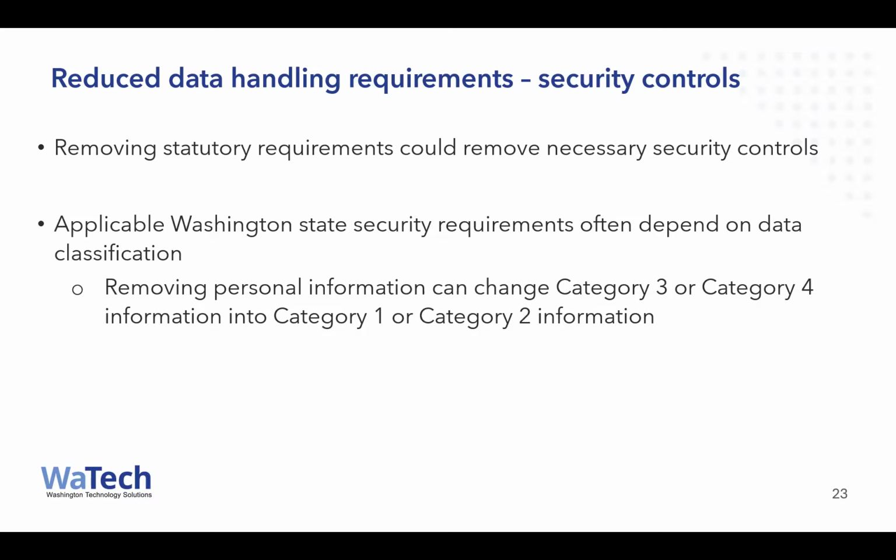And also our Washington State security requirements often depend on data classification. So even though data categories are not exactly the same as defining whether something is personal information, in many cases, if you remove personal information from a data set, it will move it from category 3 or 4 to being category 1 or 2, which means less stringent security controls.